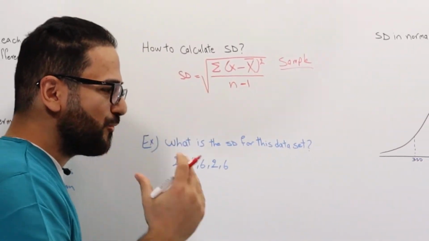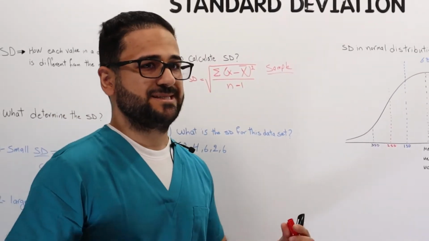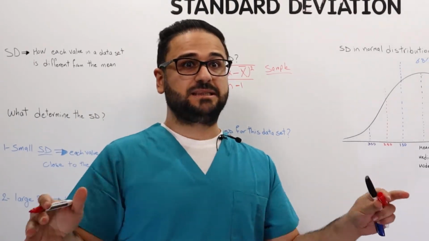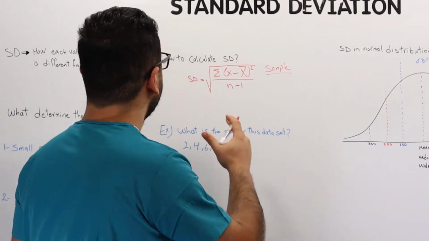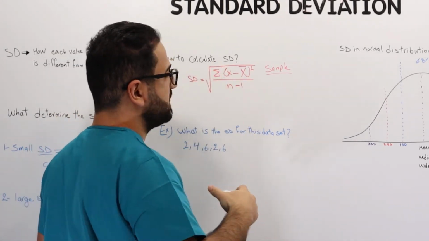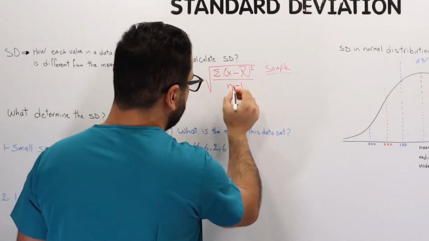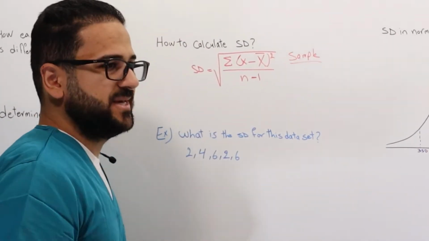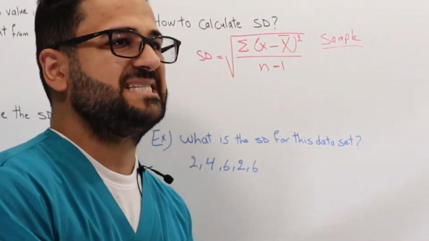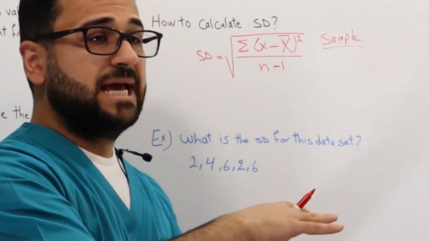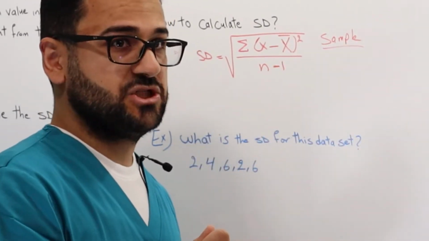Because it's really hard to calculate the standard deviation for the entire population, we take a sample and calculate the standard deviation from the sample. So what the minus 1 indicates is that it's a sample from the population, not the entire population.